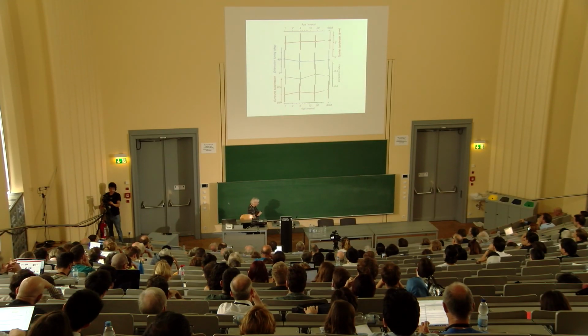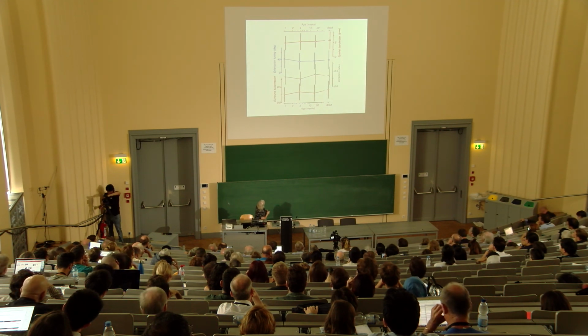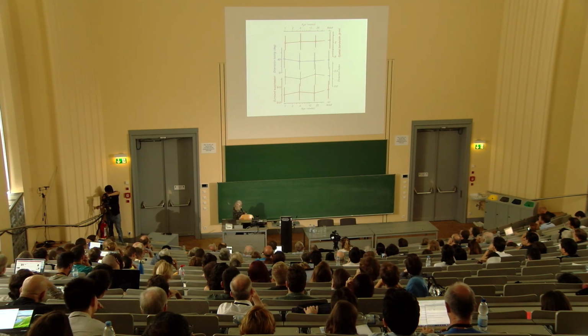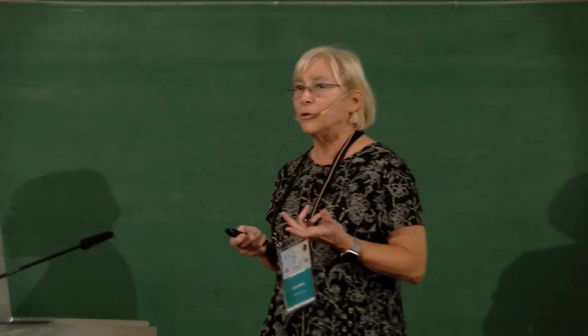And the scales for each curve are shown here on the ordinate, color-coded to them. Just for example, orientation and direction selectivity, you can easily see those properties do not change as a function of age.